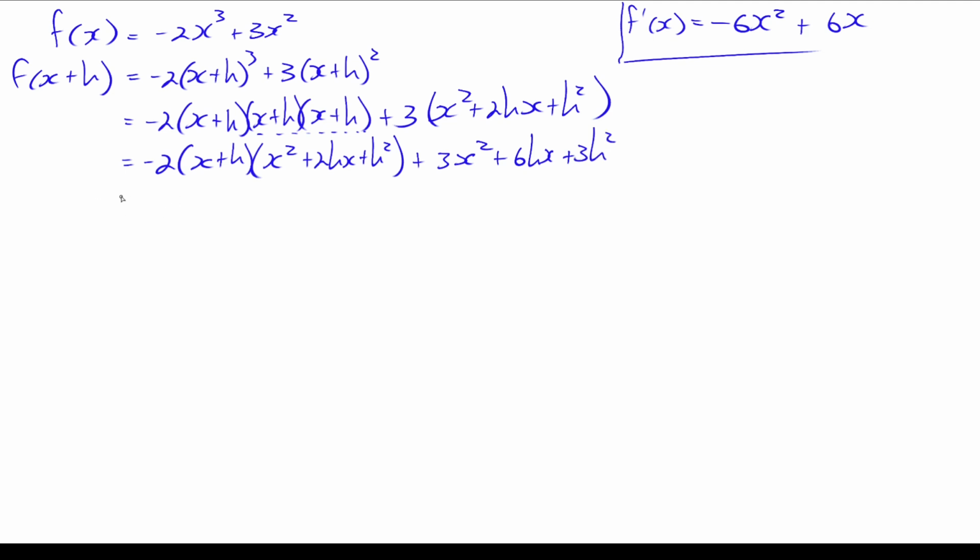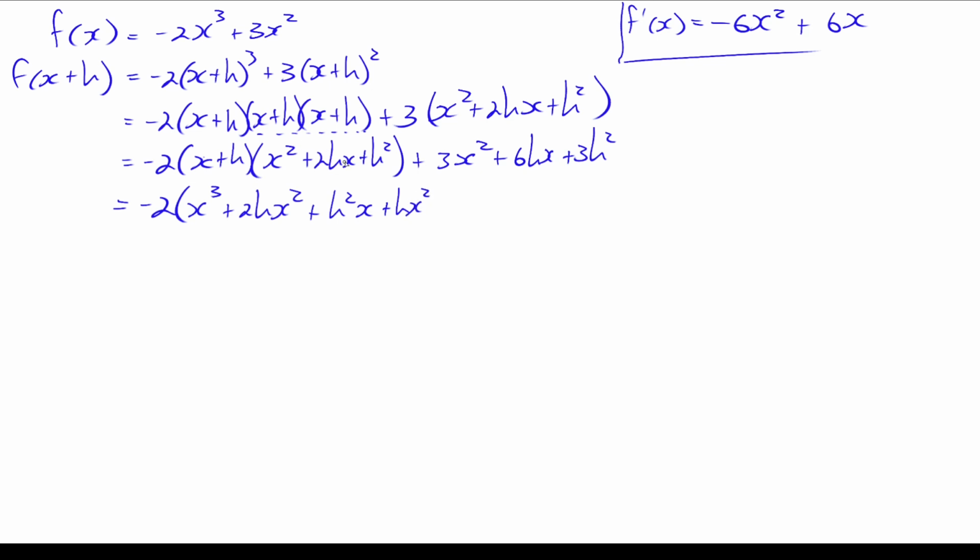Okay, now lock it in. This is going to be x times that gives me x to the 3. x times that gives me positive 2hx squared. This times that gives me h squared x. This times that gives me hx squared.